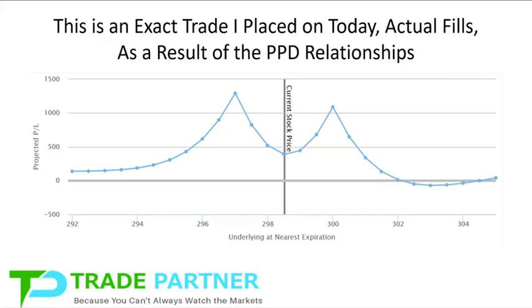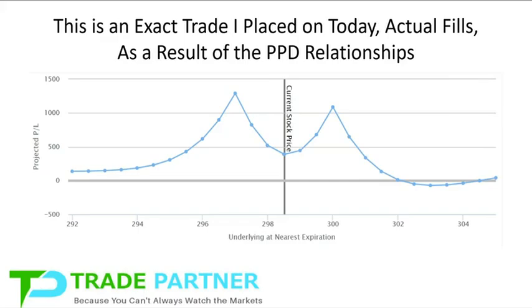What's interesting about this trade is that you'll see a similar setup in the option insanity when the PPD values are reversed. You'll see this double loop, or double peak. It looks like a couple of mountains with a valley in between, and you'll see this very similar setup with a lot of option insanity opportunities.